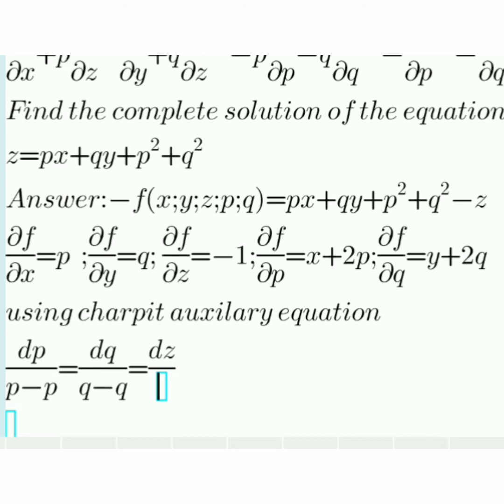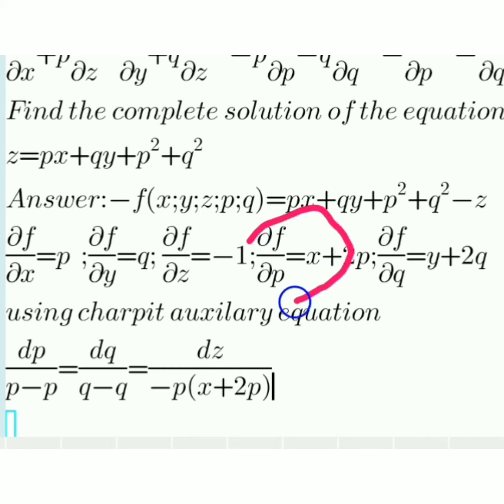Here del f by del p is equal to x plus 2p. So p into x plus 2p, whatever I get, I will get minus p into x plus 2p. I am just putting in the del f by del p value.